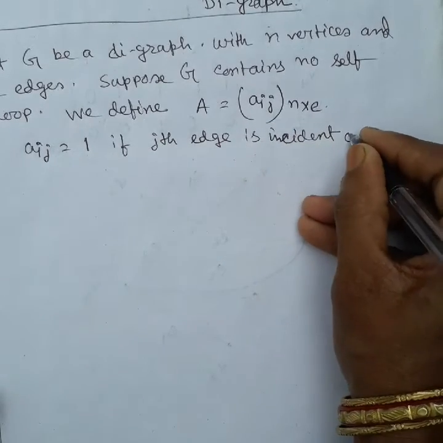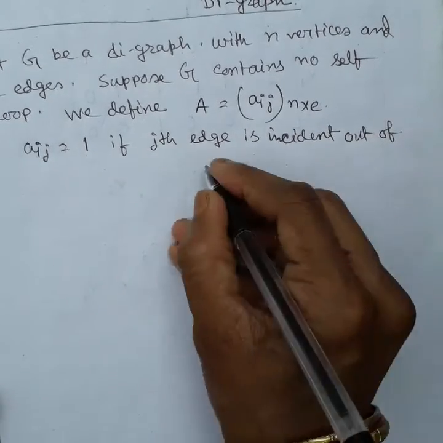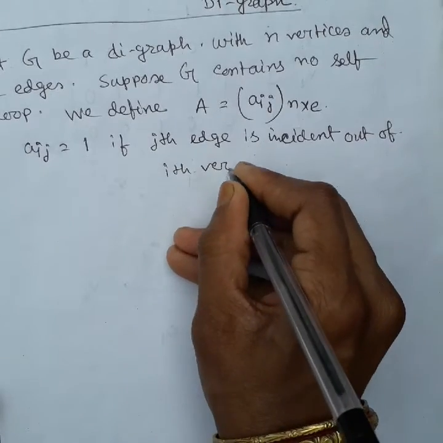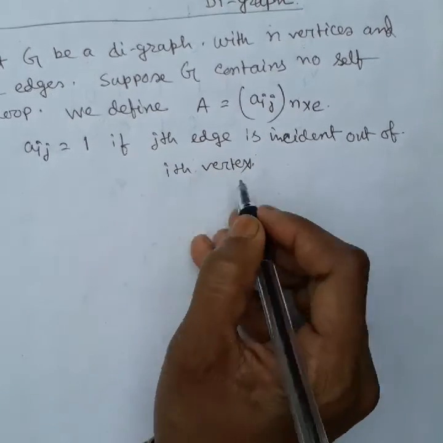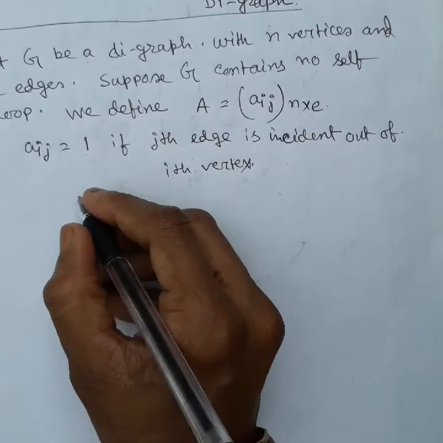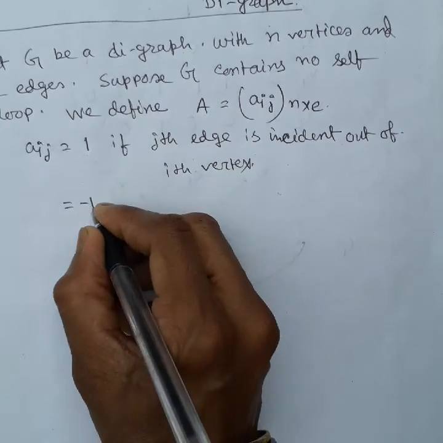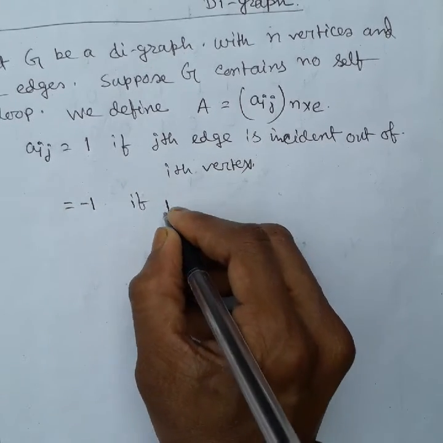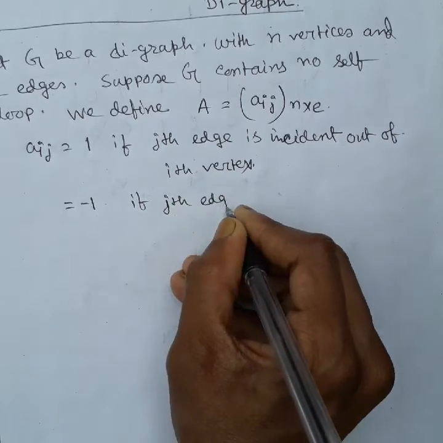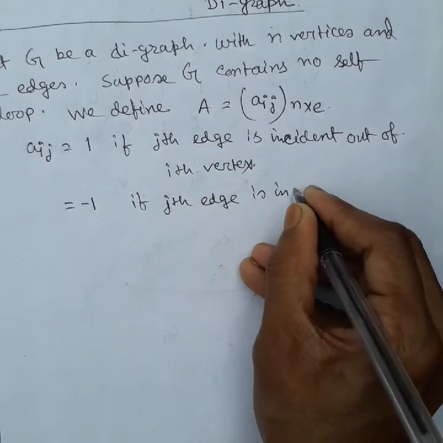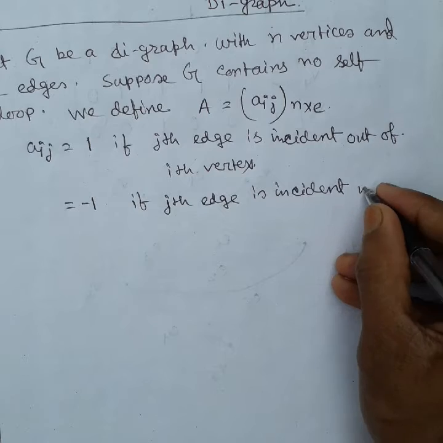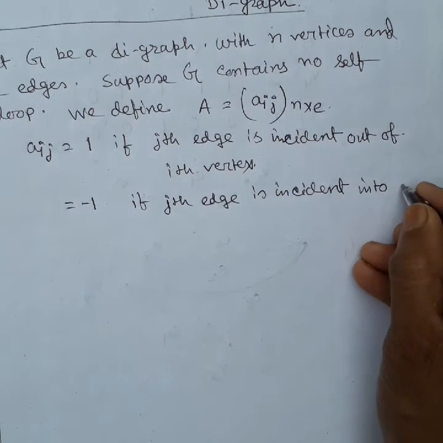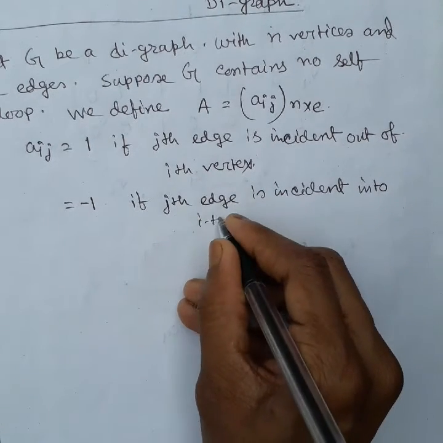incident out of the ith vertex. If the jth edge is incident out of the ith vertex, then it is 1, and it equals -1 if the jth edge is incident into the ith vertex.